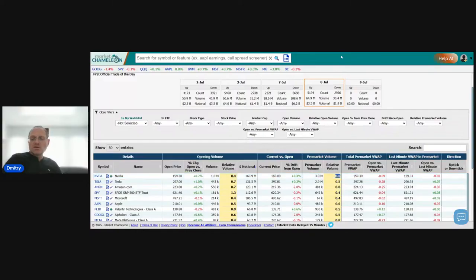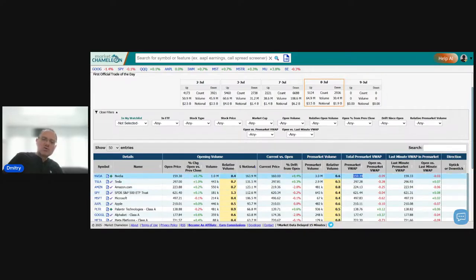What about the pre-market VWAP? So the pre-market VWAP was 159.39. That's the volume weighted average price of the pre-market trading. And if we compare it to the open, the opening price was 9 cents lower.